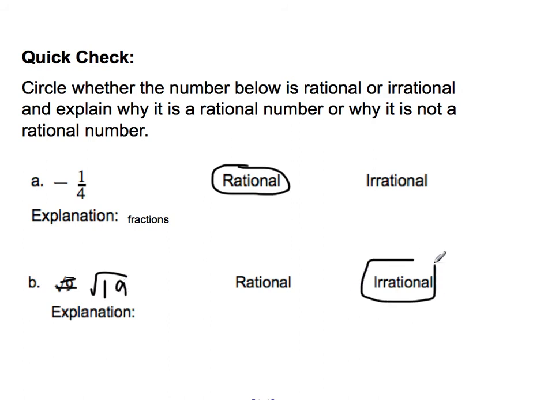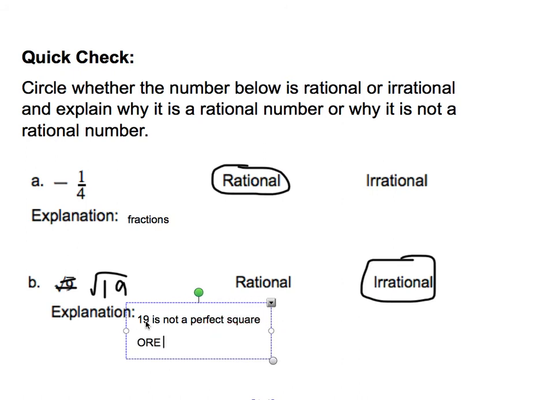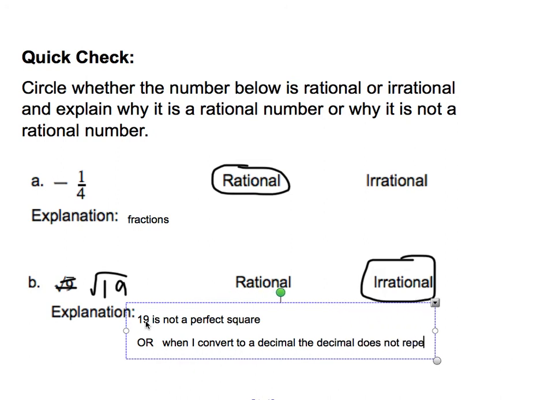So it's irrational, and the reason why is because 19 is not a perfect square, or when I convert to a decimal, the decimal does not repeat or terminate.